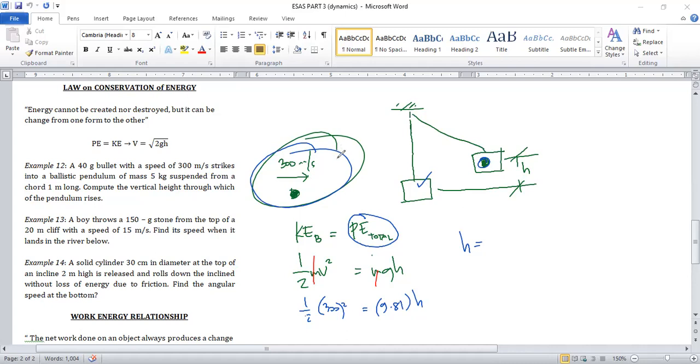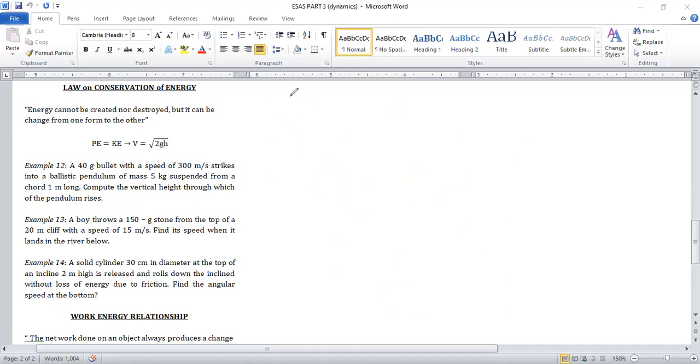So that means we need to do this analysis after the bullet has embedded in the pendulum. Perhaps we can do it this way.